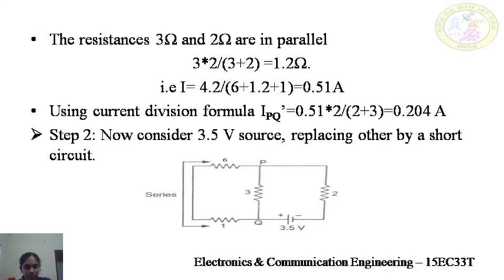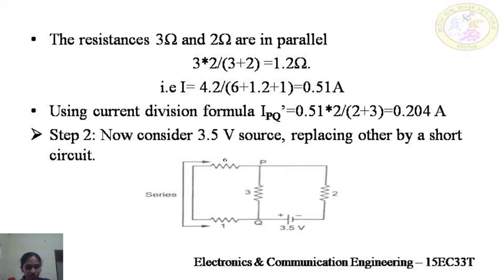Main current 0.51 into 2 divided by 2 plus 3 is equal to 0.204 ampere.